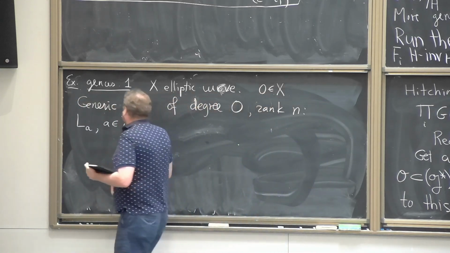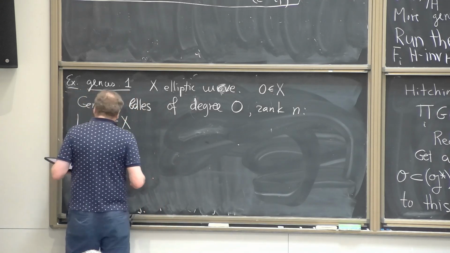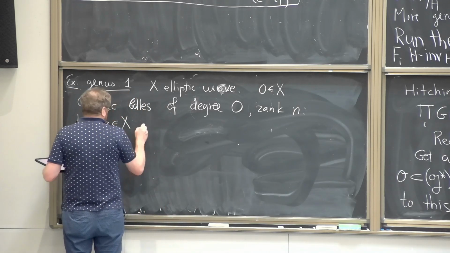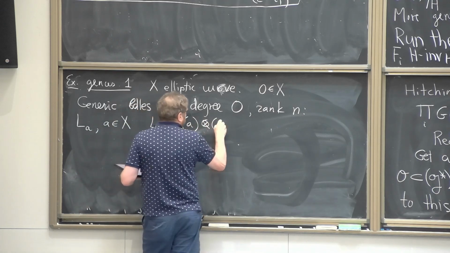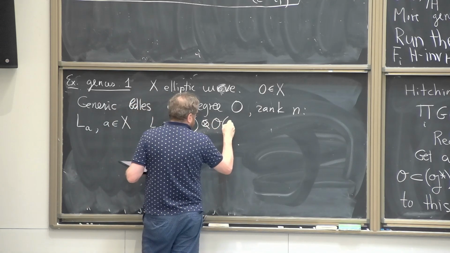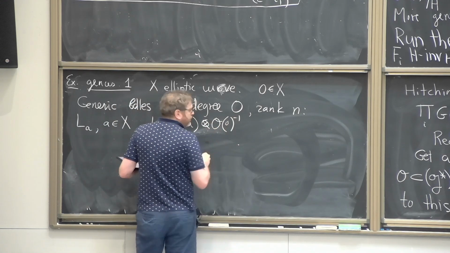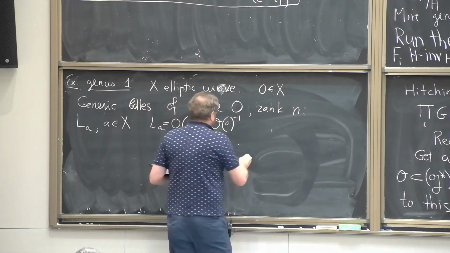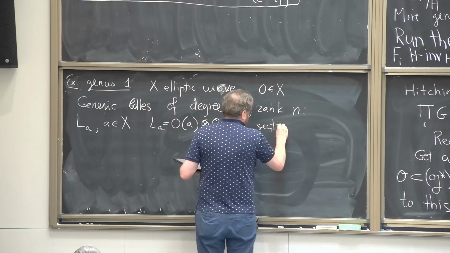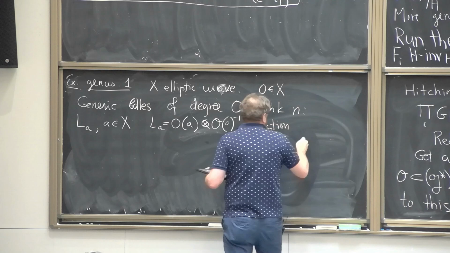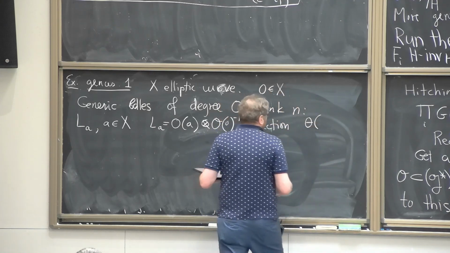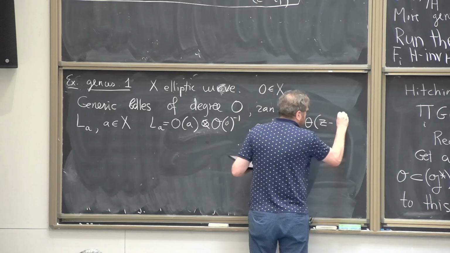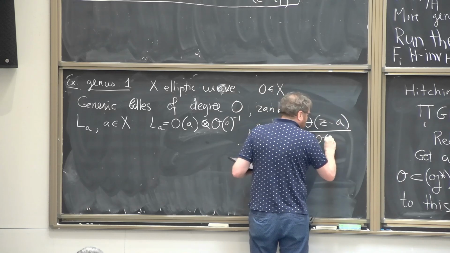So we have bundles L_A, A in X, which is really O(A) times O(0)^(-1). And the section of this L_A is this function that appeared already many times, theta function of z minus A divided by theta of z.